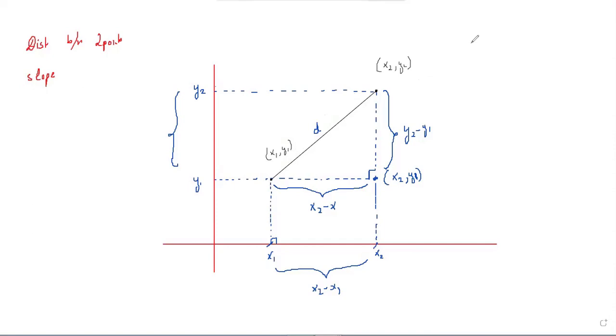So can I apply Pythagoras theorem and say the distance is equal to the square root of the sum of the squares of the sides, so (x2 minus x1) whole square plus (y2 minus y1) whole square. Am I clear from where this has originated? Okay, so this is the distance between 2 points.